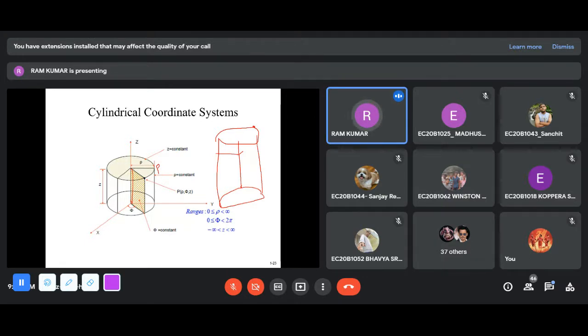The distance between this z axis and the point where you're going to measure the field is rho. That is simply what we take as the radius of the cylinder. As far as this picture is concerned, this is the point where we are going to measure the field, and this is the rho radius of the cylinder.